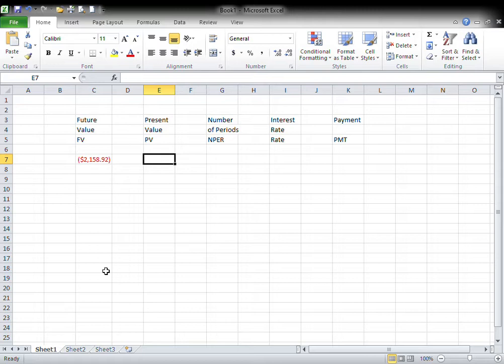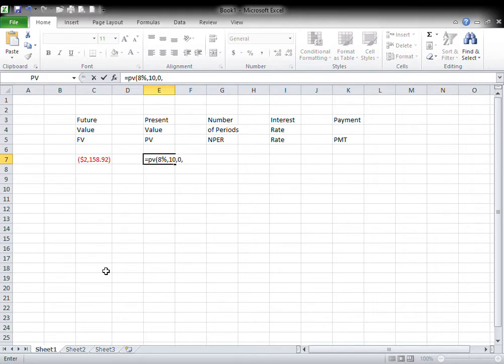So if we're solving for a present value, we put the equal sign, type PV, open up the parentheses, and look at the rate. We're going to say the rate is 8%. The number of periods is 10 years. Again, there's going to be no payment involved.